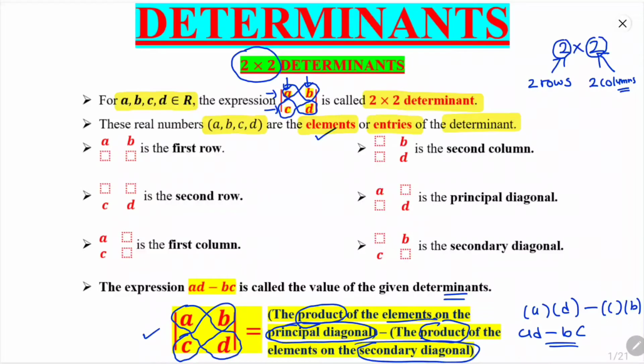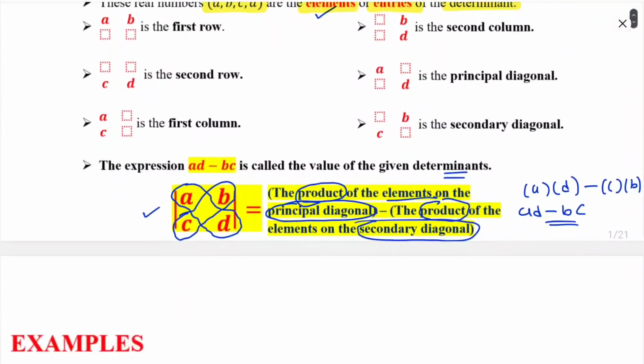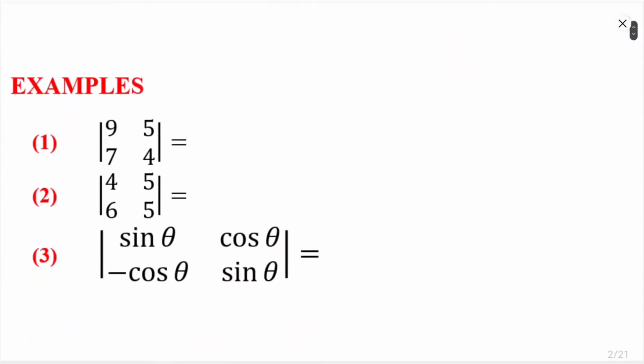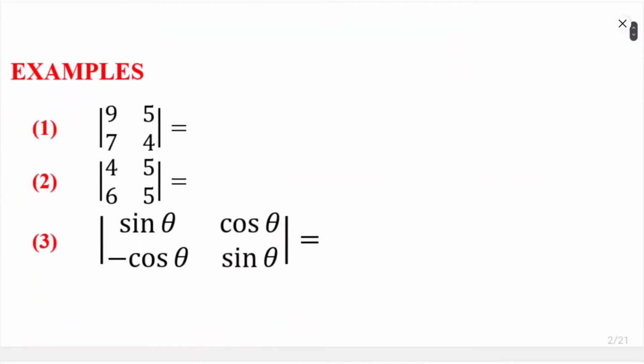So basically what you need to do is find the product of the principal diagonal, find the product of the secondary diagonal, and subtract the product of the elements of the secondary diagonal from the principal diagonal, right? So now let's go for some more examples. Here one determinant is given, that is a 2 cross 2 determinant, right?